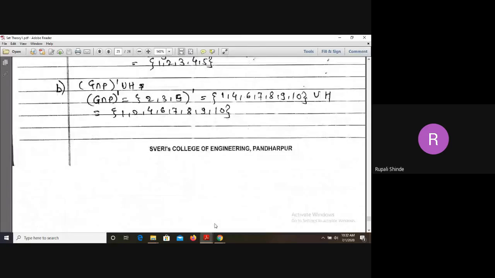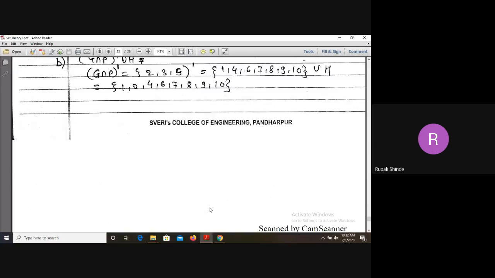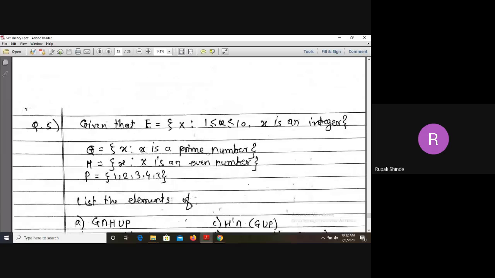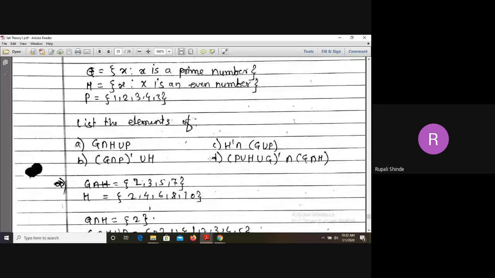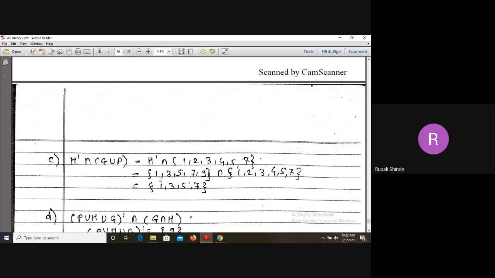Okay. So H complement means what? From this universal set E, we subtract all the elements of H, and H contains the set of even numbers. So H complement will contain the set of odd numbers from 1 to 10. That is correct. That will contain 1, 3, 5, 7, and 9.